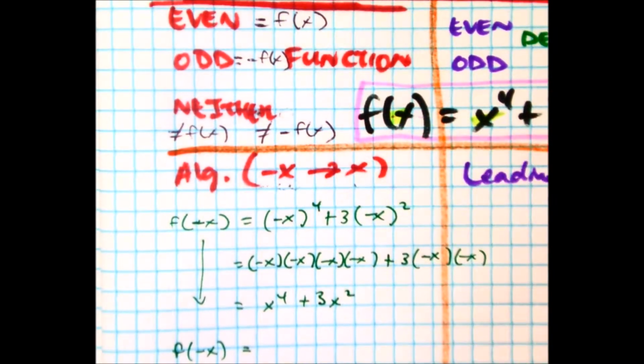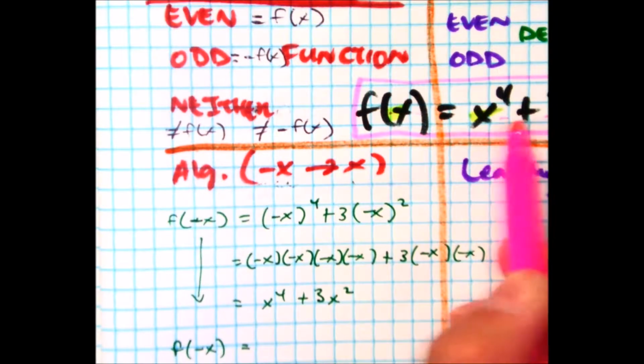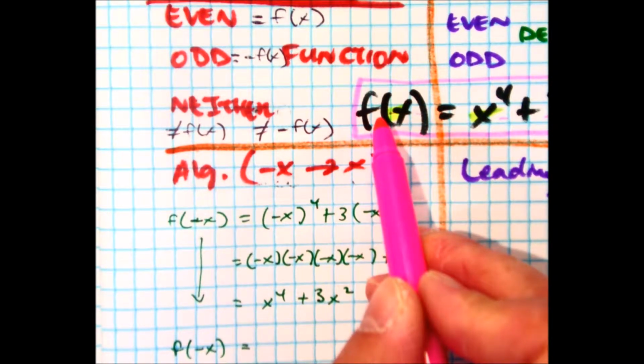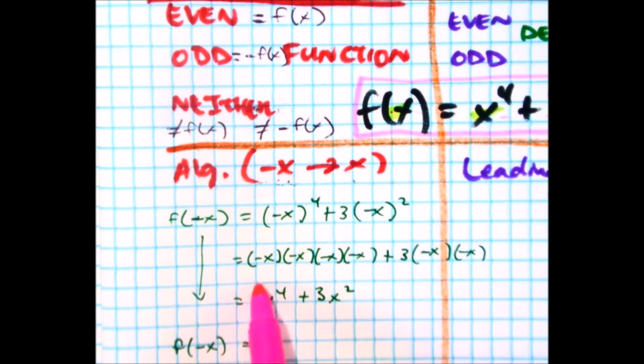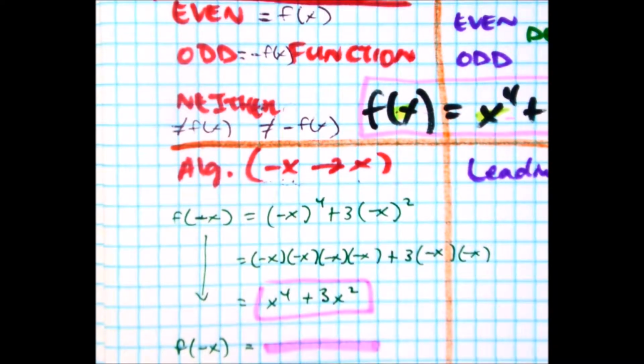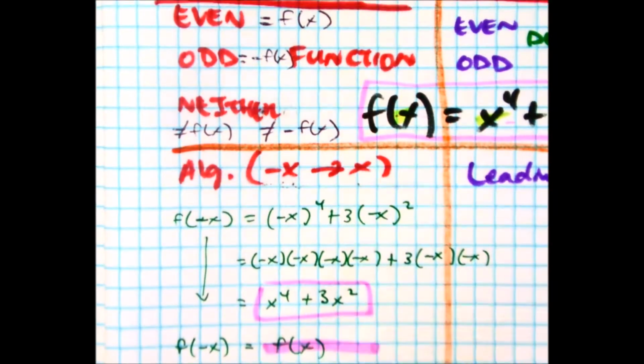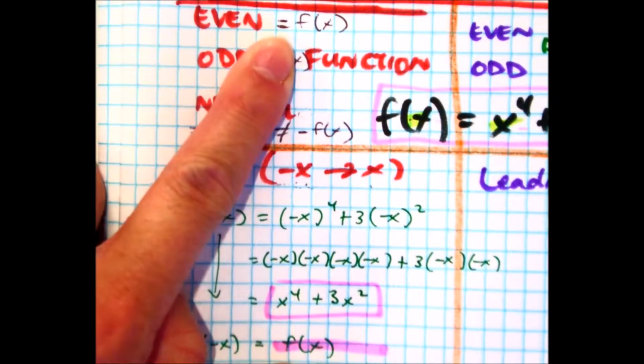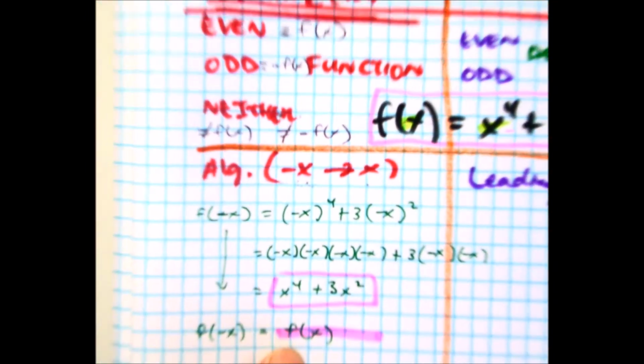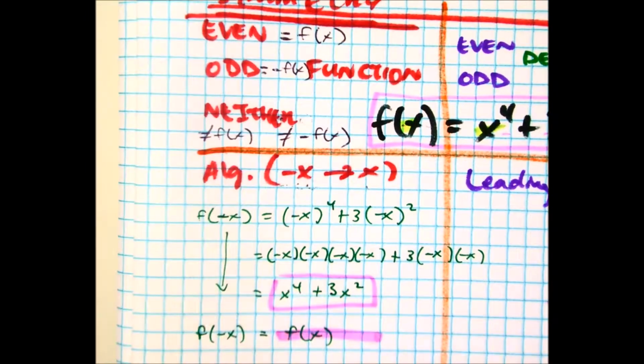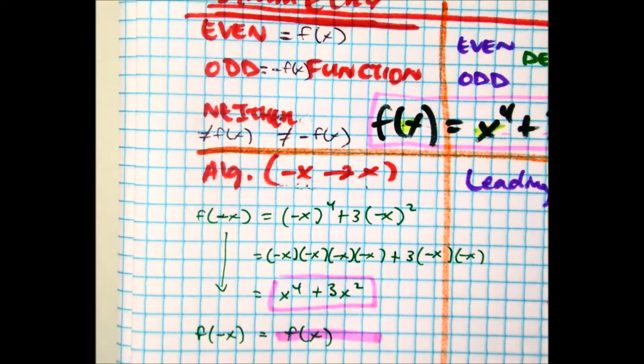Every time I see x to the fourth plus 3x squared, I can write f of x. Notice how this problem is going back to the original function, so the answer is even. Raise your hand if you got even.